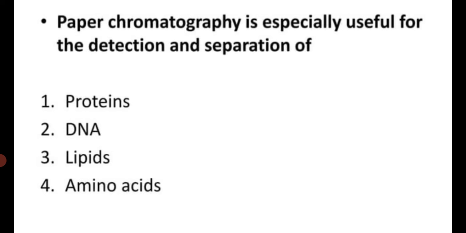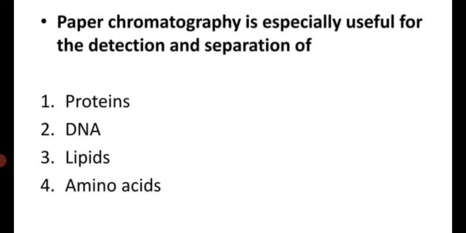Paper chromatography is an analytical technique for separating and identifying mixtures that contain colored compounds, especially amino acids and pigments. It is a method of separating a dissolved chemical substance by different migration rates across sheets of paper. In paper chromatography, we calculate the RF value.